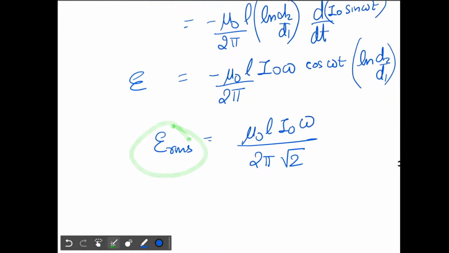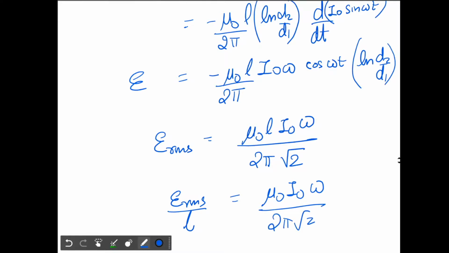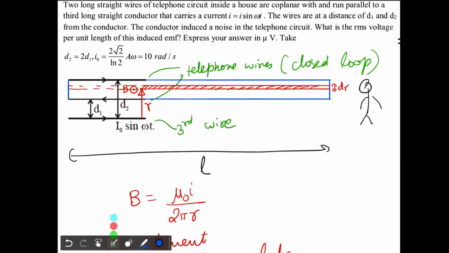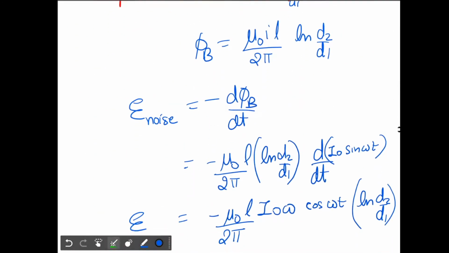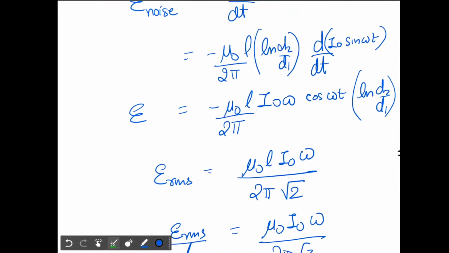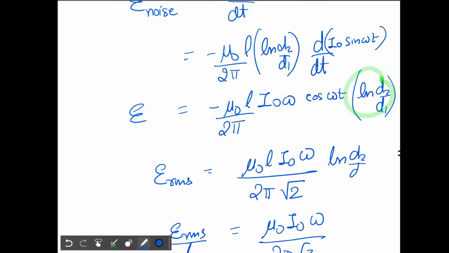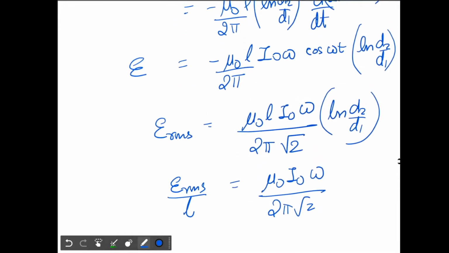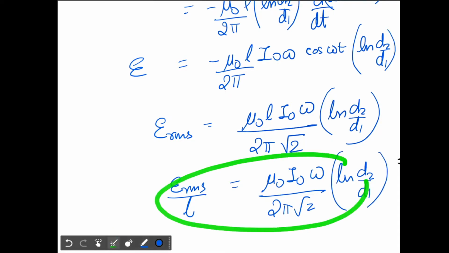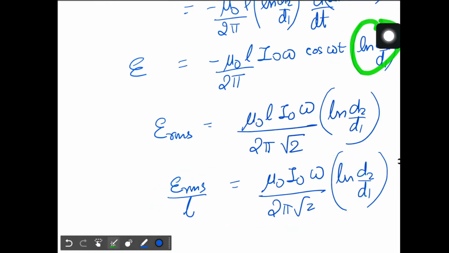Then I want EMF per unit length, so E RMS by L will be mu naught I naught omega by 2 pi root 2, and I forgot one more thing: the logarithm d2 by d1 is also there. So ln d2 by d1 is part of your RMS value. Cos omega t is only the oscillating term.